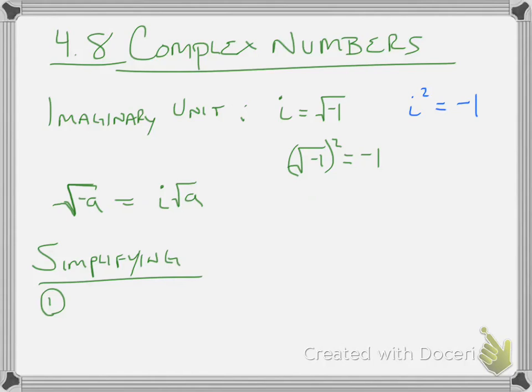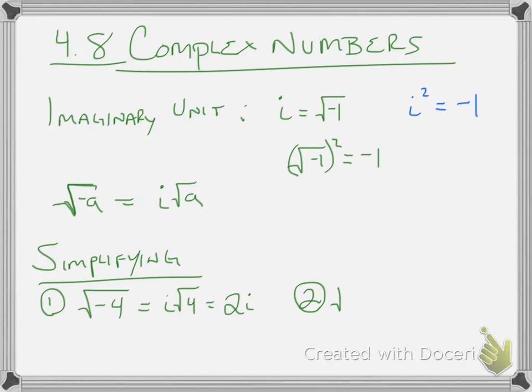Here's an example. If I have the square root of -4, that's going to be i times the square root of 4. The square root of 4 is 2, so that becomes 2i. We write the 2 first, just like a coefficient to a variable. The i is going to be after that when they're multiplying.